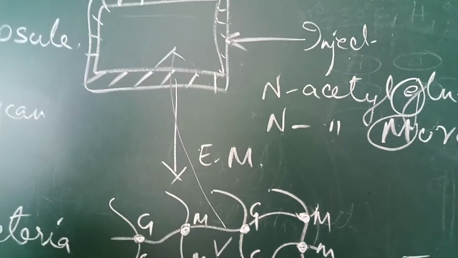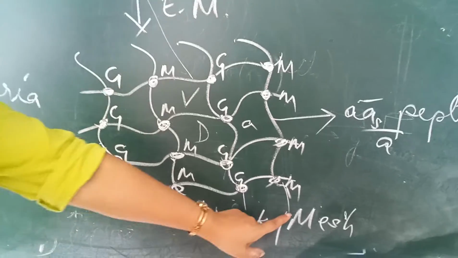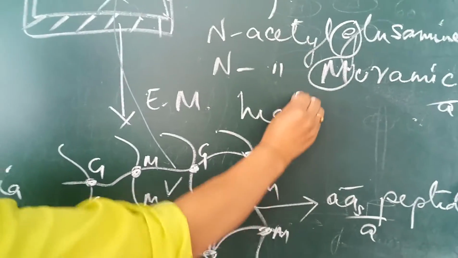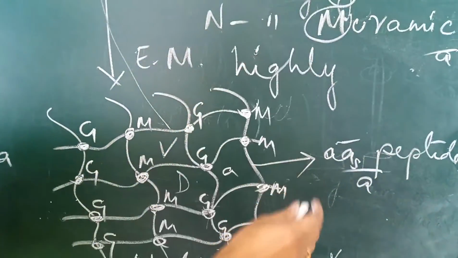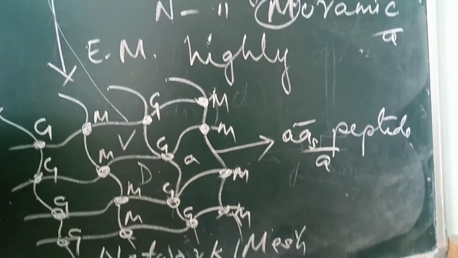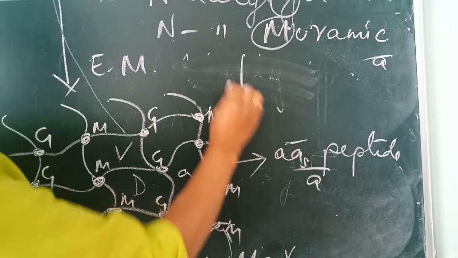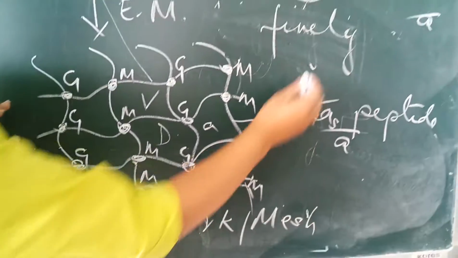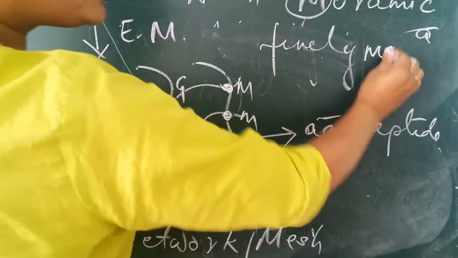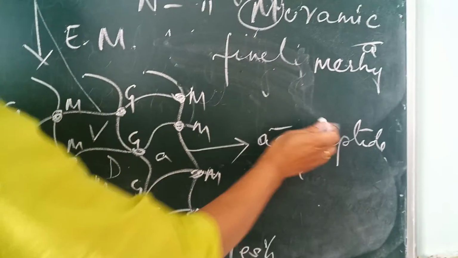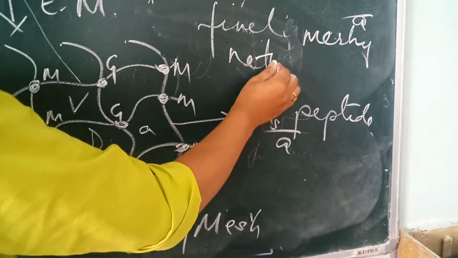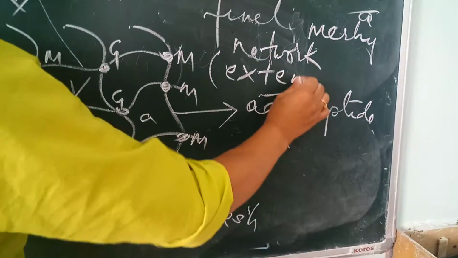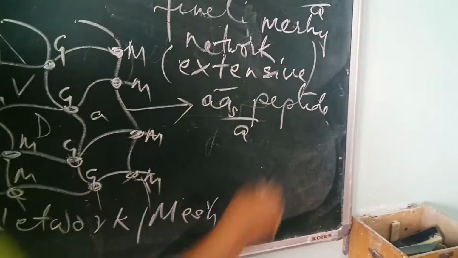That's why in gram-positive bacteria, this peptidoglycan is a fine meshy network, or the other word is, it is very extensive, very strong, very tight.